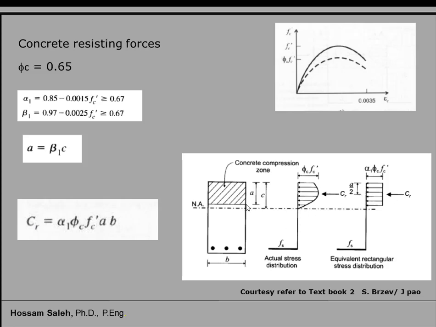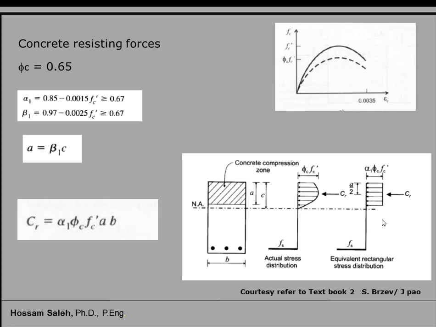CR will equal this area, which will be A times B. I have this area, and now I have to multiply it by these stresses. So these stresses are f prime c times phi c times alpha 1. Now I can calculate CR, and CR is the compressive force in the concrete.